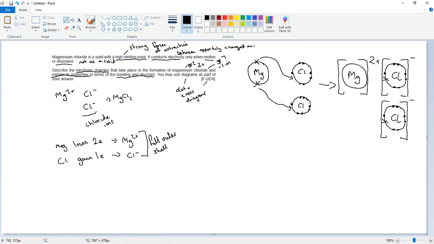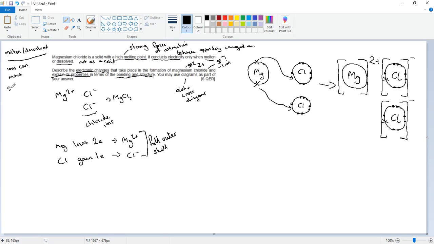And then the conducting electricity when molten or dissolved. So when it's molten or dissolved, that means, because it's a liquid or a solution, that the ions can move. And of course, the conduction of electricity is the movement of charged particles.